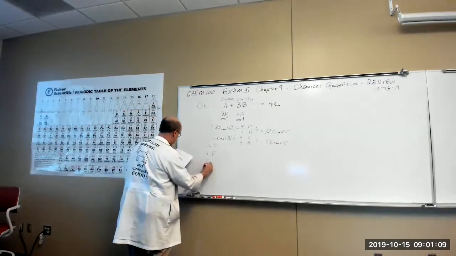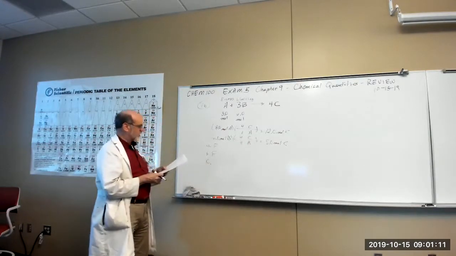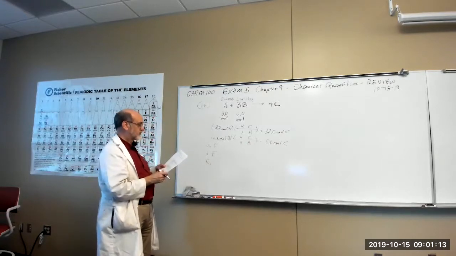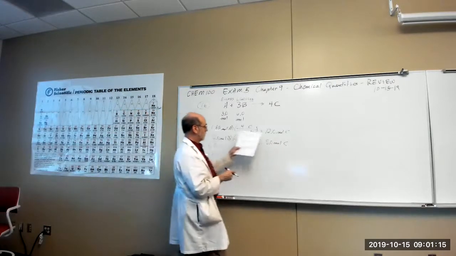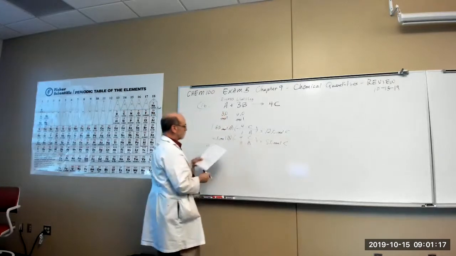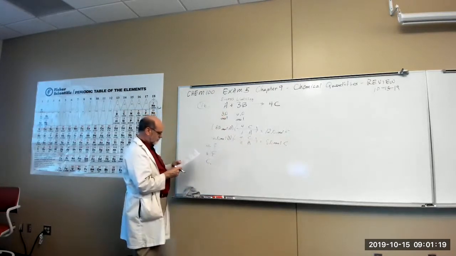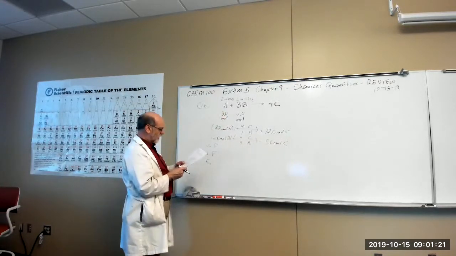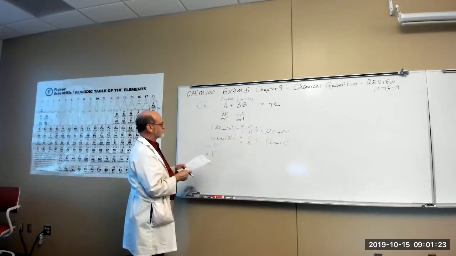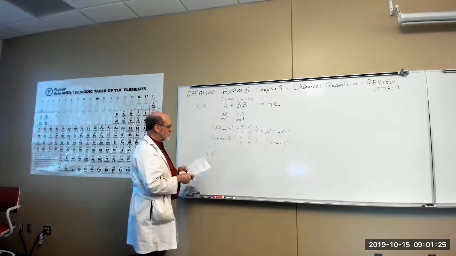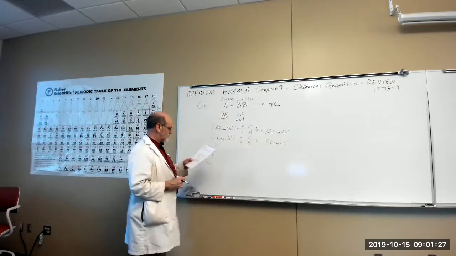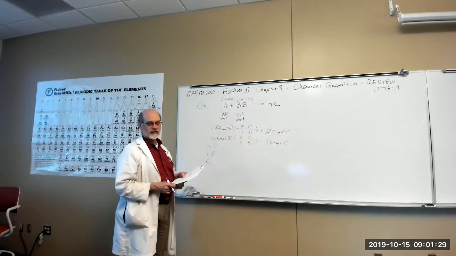What about C? A is left over, now that's true. We do have some A left over, right? Because for every 1 mole of A, 4 moles of C are produced. That's true, but that doesn't support the statement that A is left over.